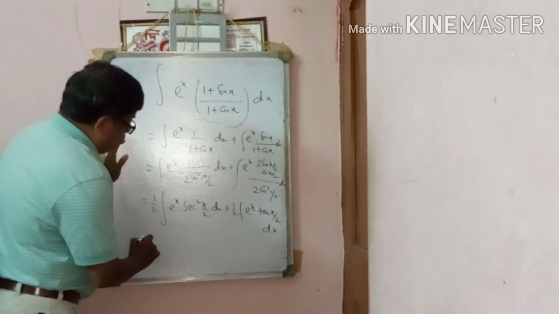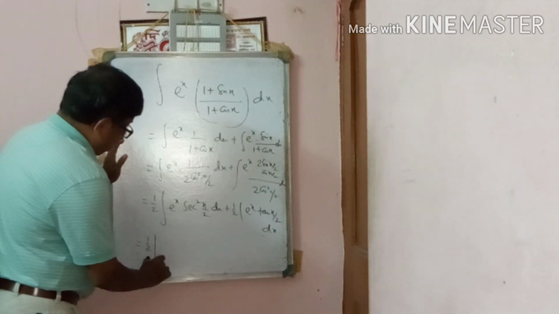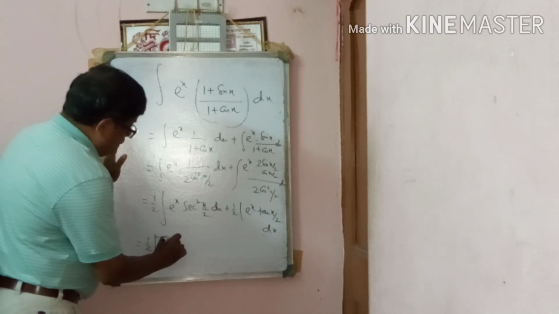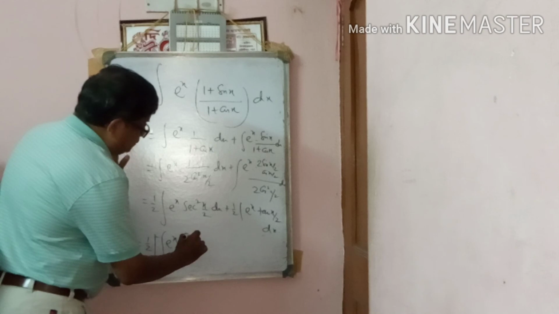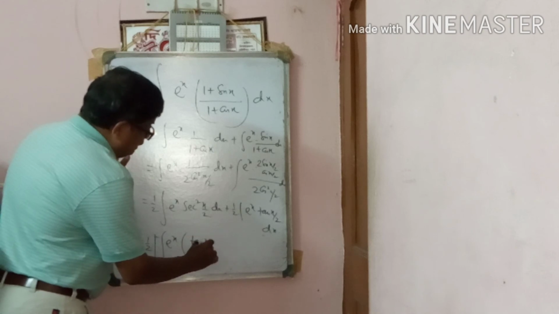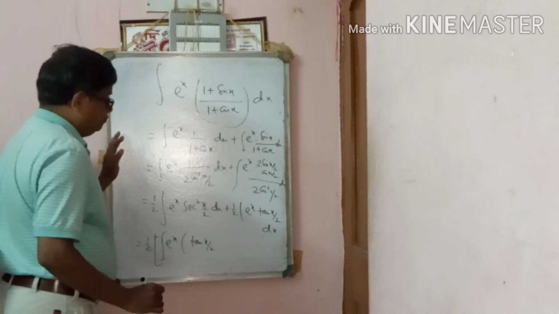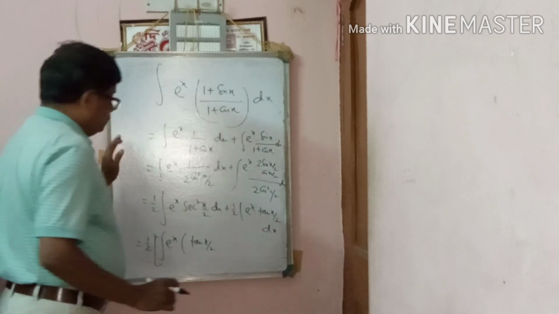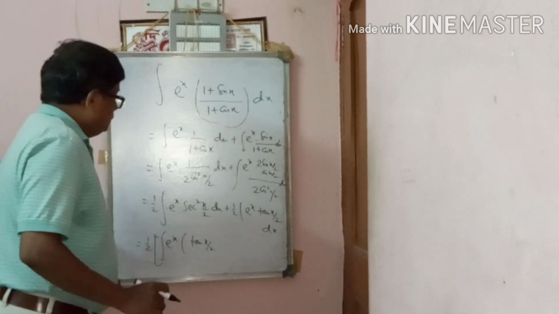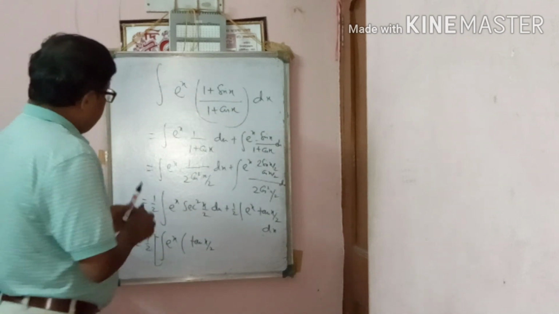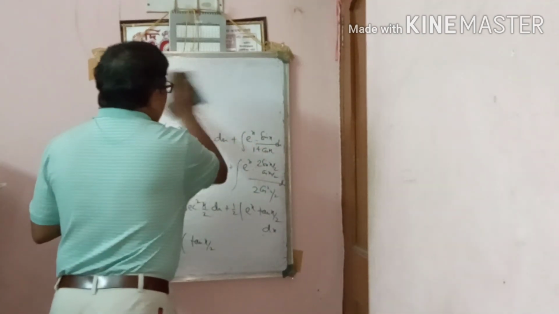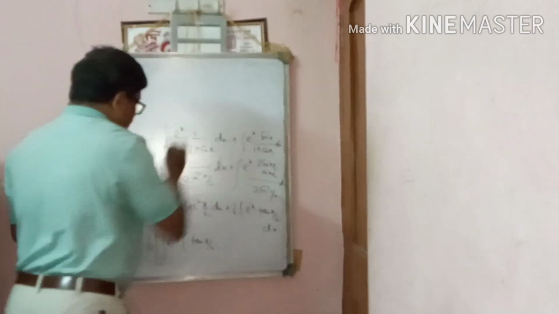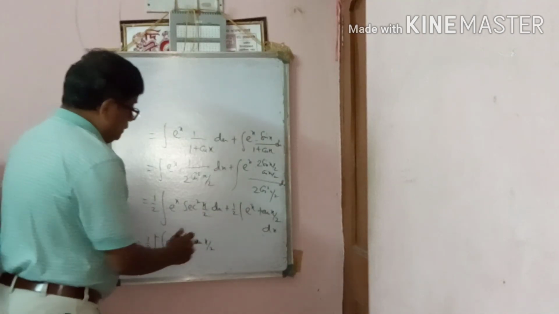So you take half common. So e to the power x integration, we can write tan x by 2. That's right. See, I am writing here tan x by 2.